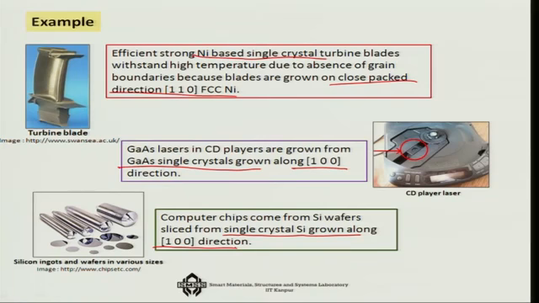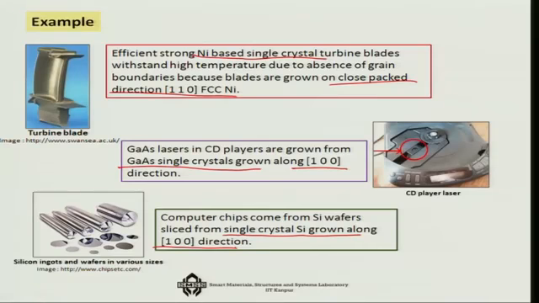So, the direction plays a very important role in the mechanical and other material properties, and hence we need to define a system of directions and a system of planes. That is our motivation for discussing the Miller index.